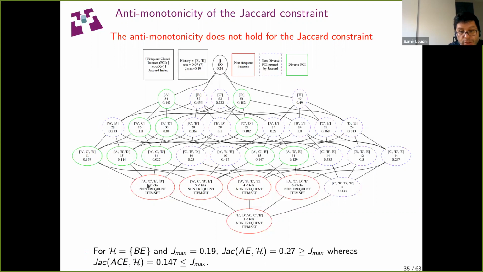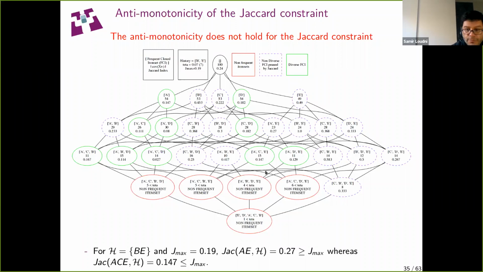For example, we can see that these patterns are not frequent according to the frequency threshold theta, which is equal to 7 here. The green boxes are related to diverse frequent closed item sets, and the dashed boxes represent all the non-diverse frequent closed item sets, all those having Jaccard index below some threshold value, which is fixed here to 0.198.